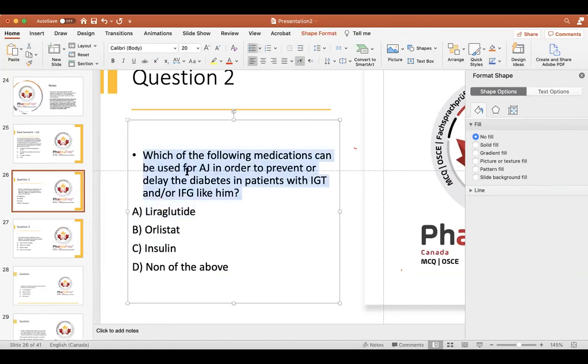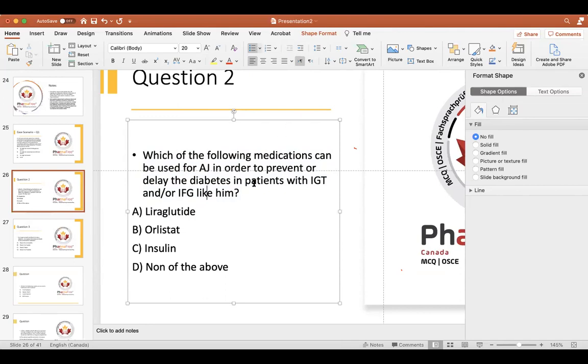There is no prevention for the diabetes at this stage. What you can do here is lifestyle modification, as Sarah said. Yes, non-pharmacological lifestyle modifications, diet, etc. That's all you can do at this stage.